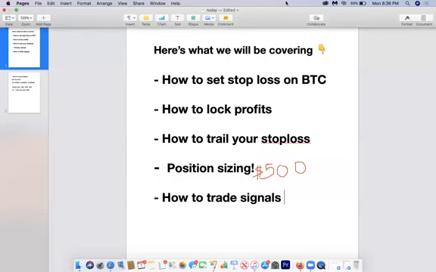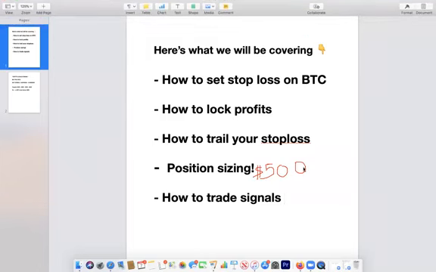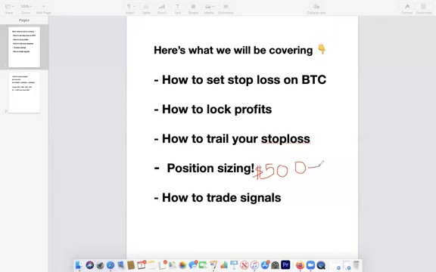And a signal is given in the group. First things first, don't you ever try to buy that signal with your entire amount.